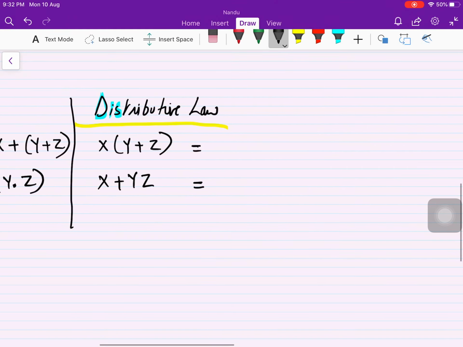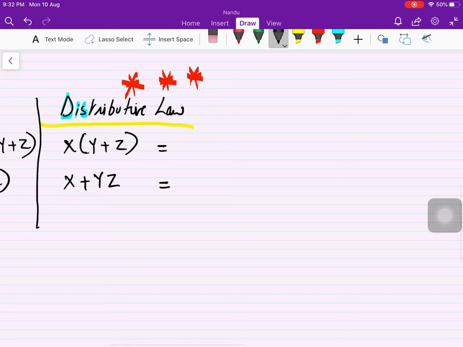Then there is distributive law. This is very much important. Take x into y plus z. Here you can see the bracket is there after x.